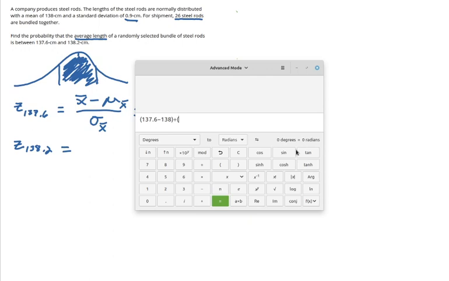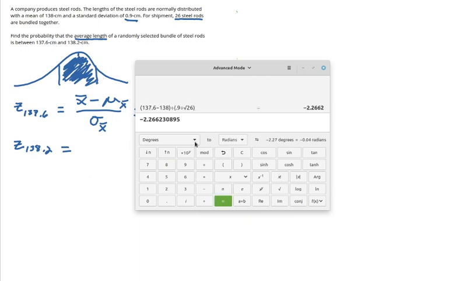If you don't, your calculator will think that the square root of 26 is dividing into the fraction. So we have a z-score of about, let's call it negative 2.27.